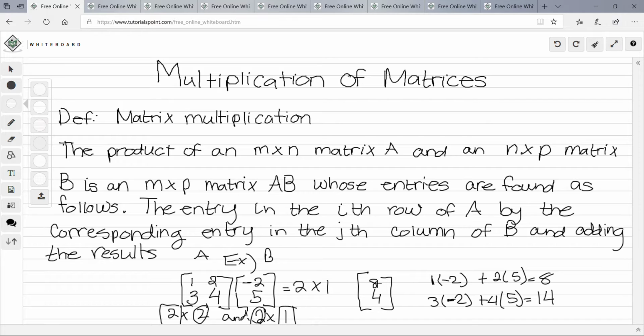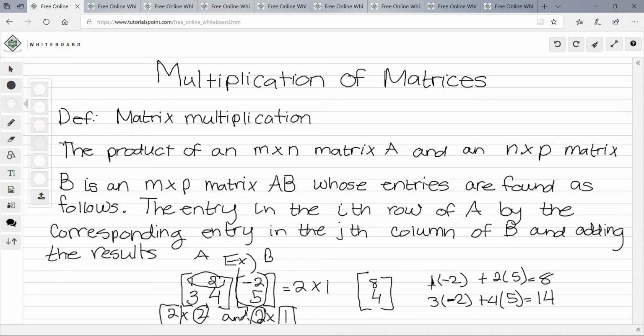So our answer, when you multiply these matrices, you get a 2 by 1 matrix of 8 and 4. And how I got 8 and 4 is I literally multiplied this row by this column.